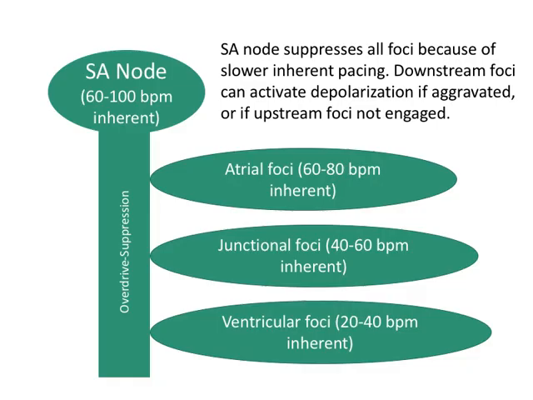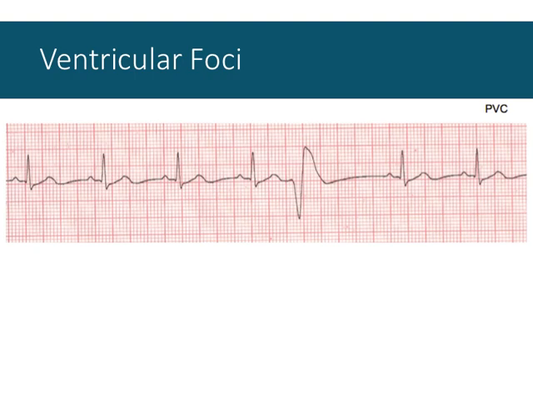So if we move a little bit more inferior, and we don't focus necessarily on the AV node itself, now I want to take a look at the bundle branches and other locations within the ventricles. We can observe some situations where the ventricles themselves might initiate depolarization.